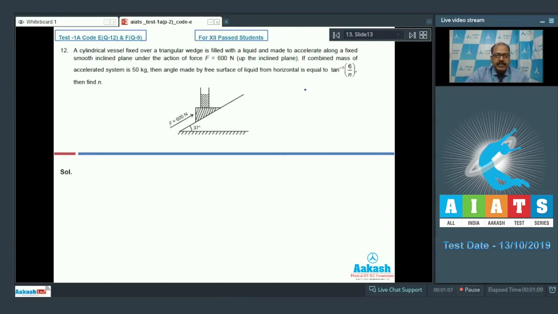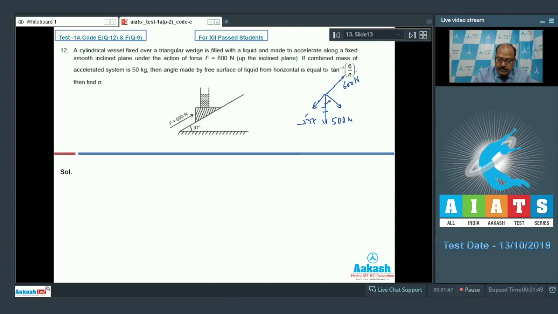To find the acceleration of the entire system, we just draw its free body diagram, and the mass is 50 kg. So there is this 50 g or 500 Newton. Then there is this force of 600 Newton. If we resolve this 500 Newton, this angle is 37 degree.